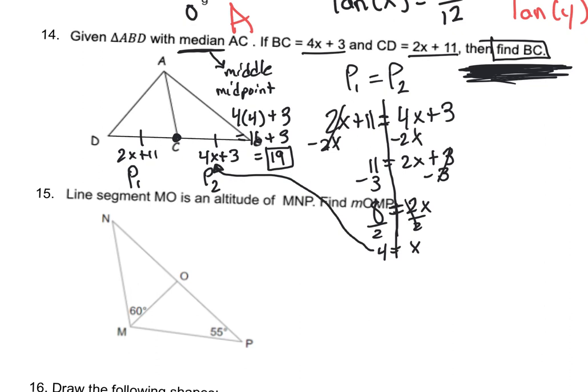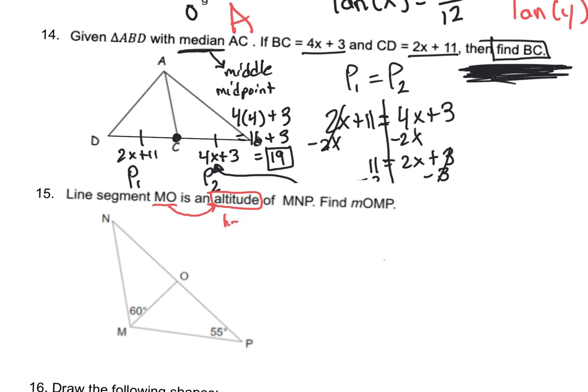Number 15. Let's look at number 15 now. Go ahead and erase this stuff that's in the way here. So we've got line segment MO is an altitude. That's a key word here, altitude. When you think of altitude, you should think of a couple things.